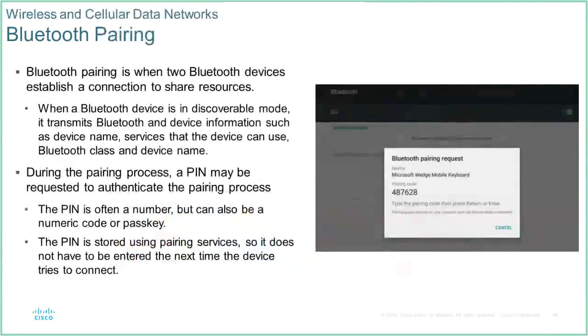So basically, when you go to pair your devices, you'll get a code saying, okay, I've seen this device, confirm that this device is authorized to form a pair relationship with me, and so this passkey or code is typed in to confirm that these two devices are actually authorized to connect to each other.